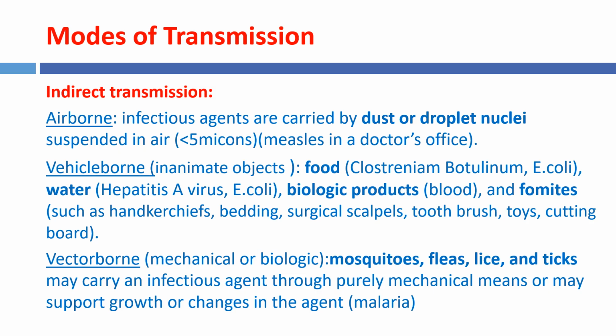This is the mechanical way. But also there is the biologic way. This is when the mosquito has the infectious agent inside their body where it grows and multiplies. So, vector-borne could be through biological or mechanical means in the insects.